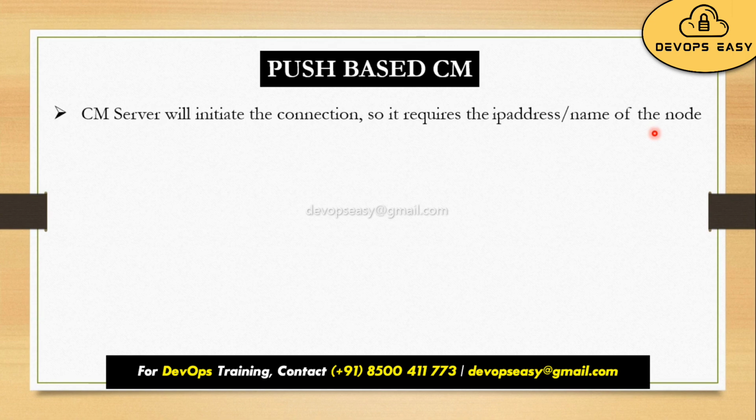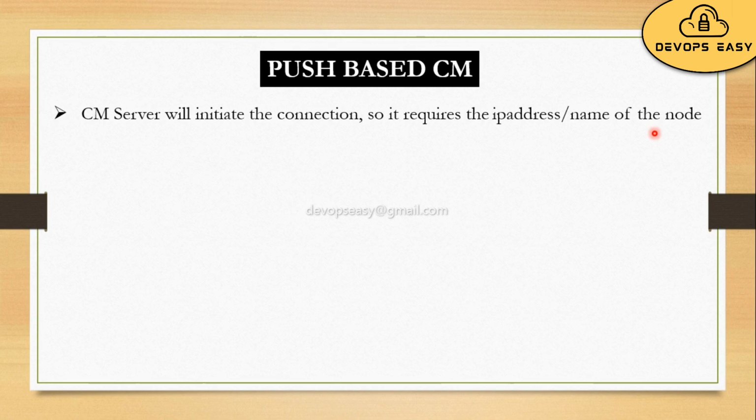At that time I need to have the IP address of that server because I want to communicate with the server. Suppose I want to go to my friend's house, I need my friend's address, right? I am going to my friend's home, so this is the push based. Obviously I need his address. Without that I cannot reach. Address is nothing but location, location is nothing but a Google Maps link. Here it is the IP address of the server.